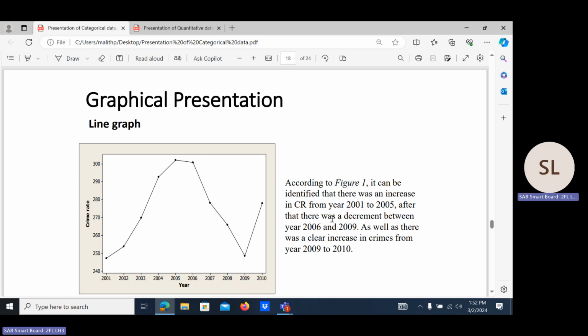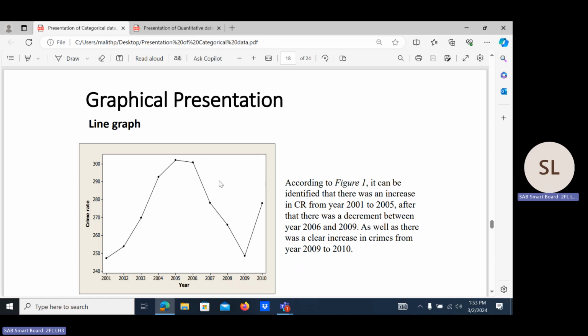After that there was a decrement between year 2006 to 2009. Those data relate to time. Normally we have time series data, and we use the line graph to represent those kinds of data sets.